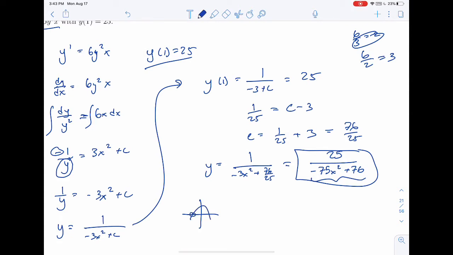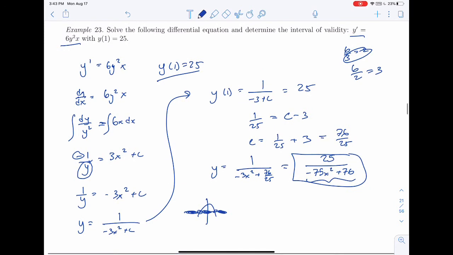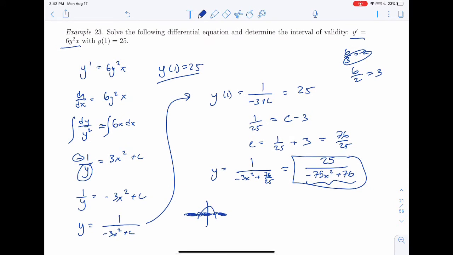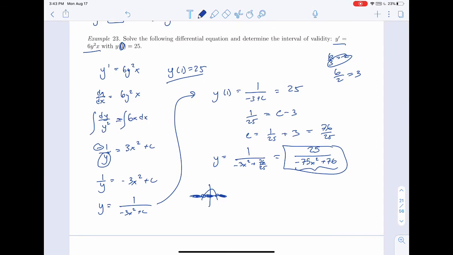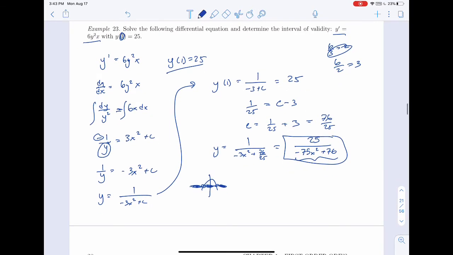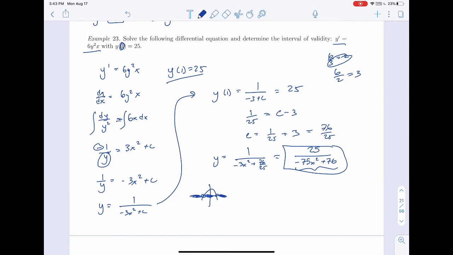It is going to be 0 two times, and so the domain is going to be this stuff or this stuff or this stuff. And the interval of validity is the interval which contains x equals 1. That's the interval on which this particular function is valid. I'm going to leave that to you because it's just a quadratic and I ran out of space. But that's all that's happening here.